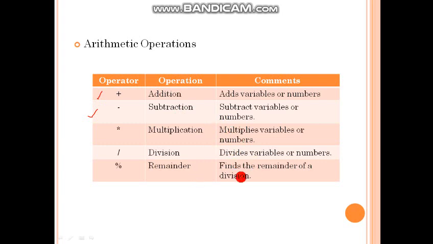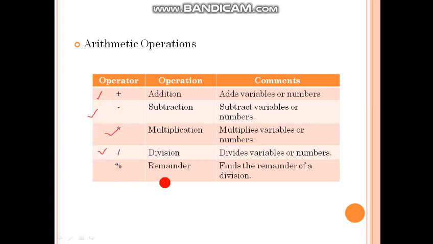The next one is the multiplication operator, which performs multiplication and multiplies the variables or the numbers. The next one is division. It divides the variables or the numbers. Then after that, percent, which is called the remainder.